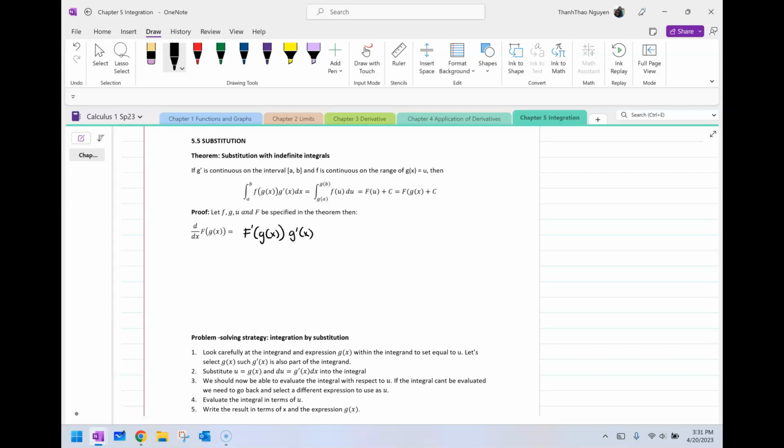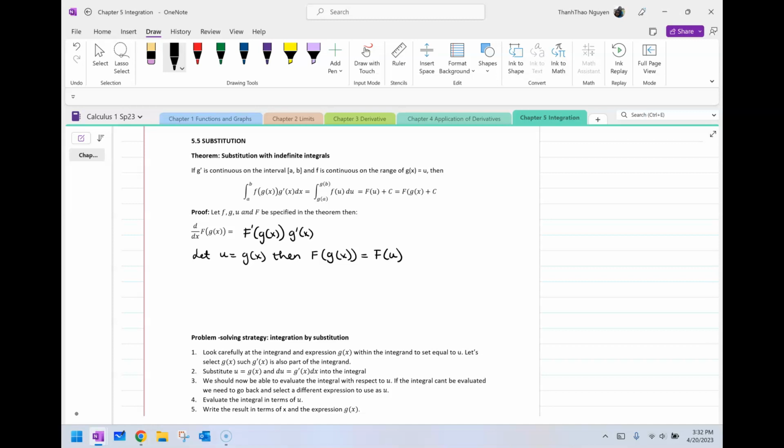Okay, and so I can go ahead and say, well, I will let u equal g of x. Then F of g of x is equal to F of u, yeah?